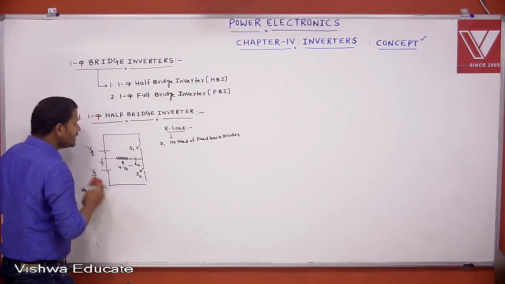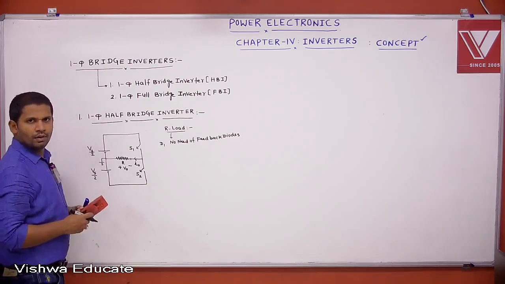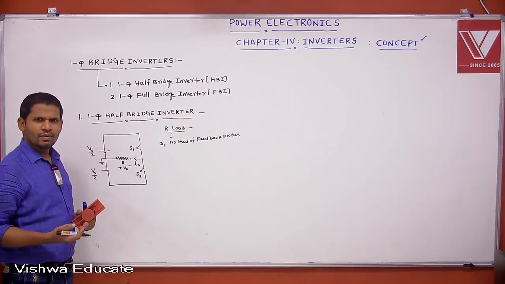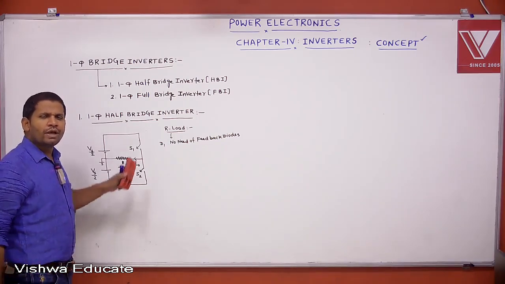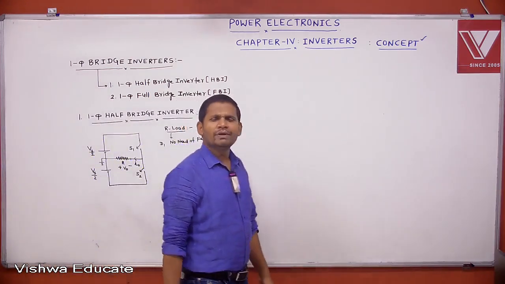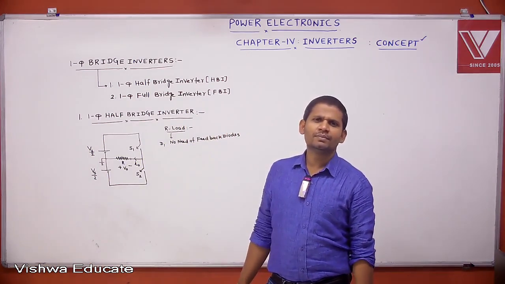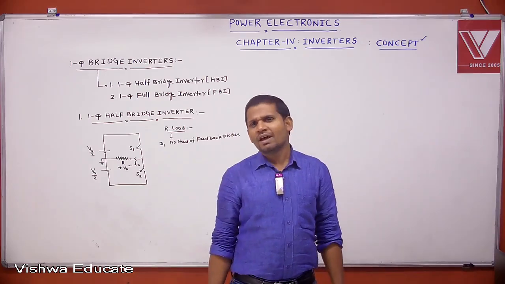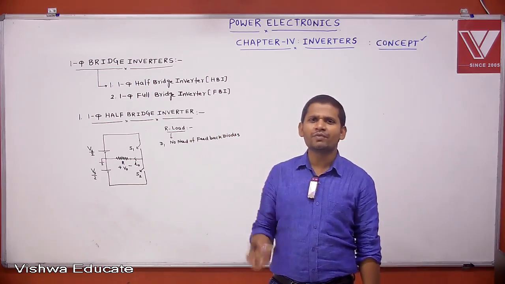Here one operation is nothing but one time period of operation that I want to explain. Let on and off be in our hand. Based on the type of waveform you want to generate, we can operate these S1 and S2 switches. But point to remember, it may be half bridge inverter or full bridge inverter, based on the switching of main switches, we can generate three types of waveform.